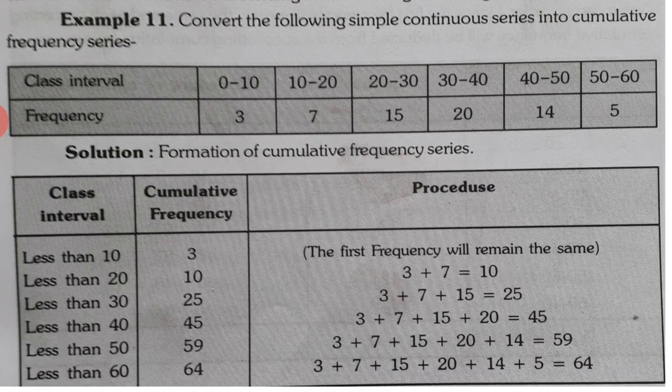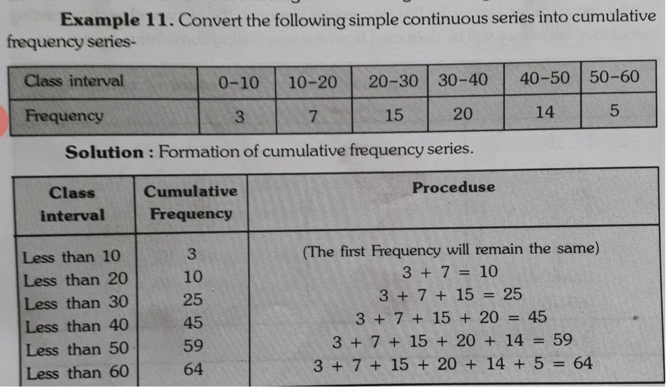It means you have to add the earlier cumulative frequency to the present class frequency. Preceding is 3, and present is 7. 3 plus 7 comes to 10.